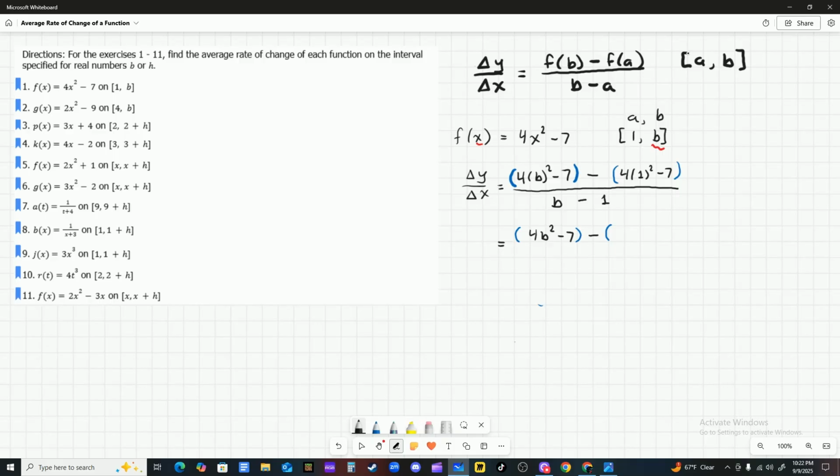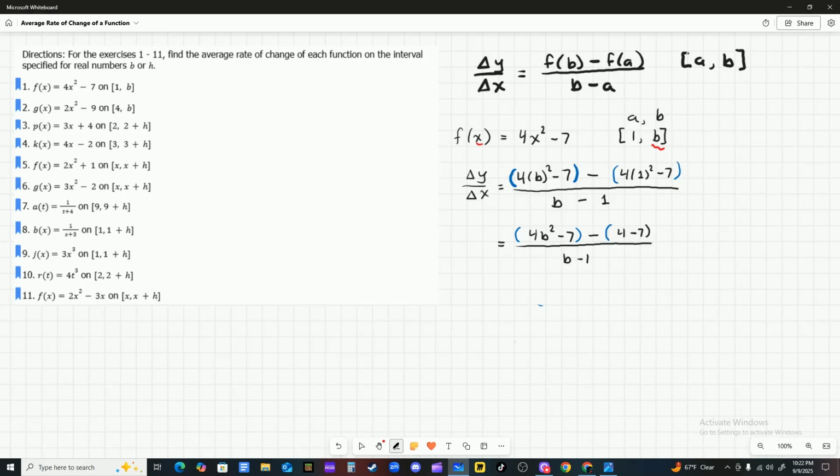We're subtracting the whole value of f of a, which is 4 times 1 squared, which is just 4, minus 7, divided by b minus 1.